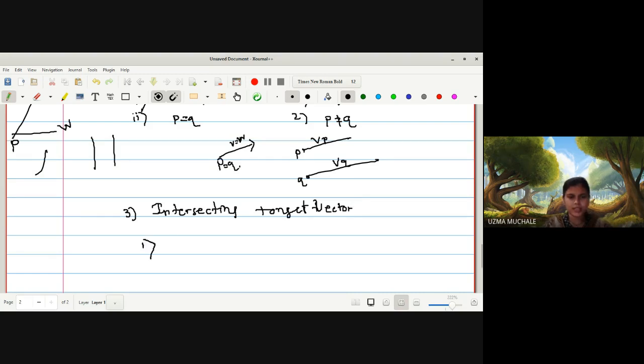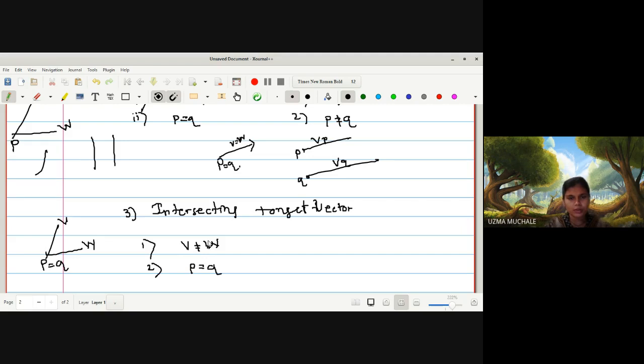The name itself suggests the meaning, no? Intersect means they are going to intersect at some point, at the points of application. P is equal to Q, but the vector parts are different, hence V is not equal to W. That means vector parts are different, but the point of application is same. So hence it is called an intersecting tangent vector.